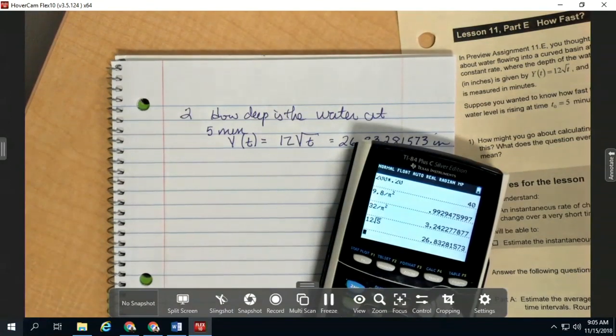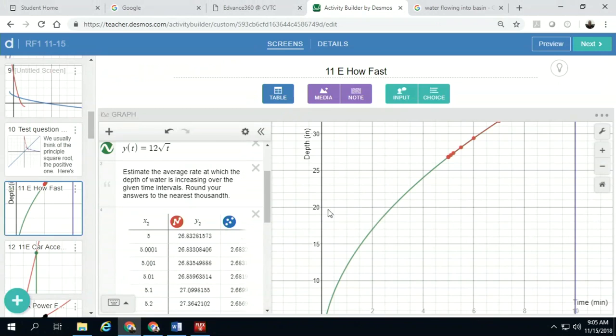Let's look at the graph of this function. So at 5 minutes here, where's 5 minutes? At 5 minutes, the water depth is 26.833 inches.